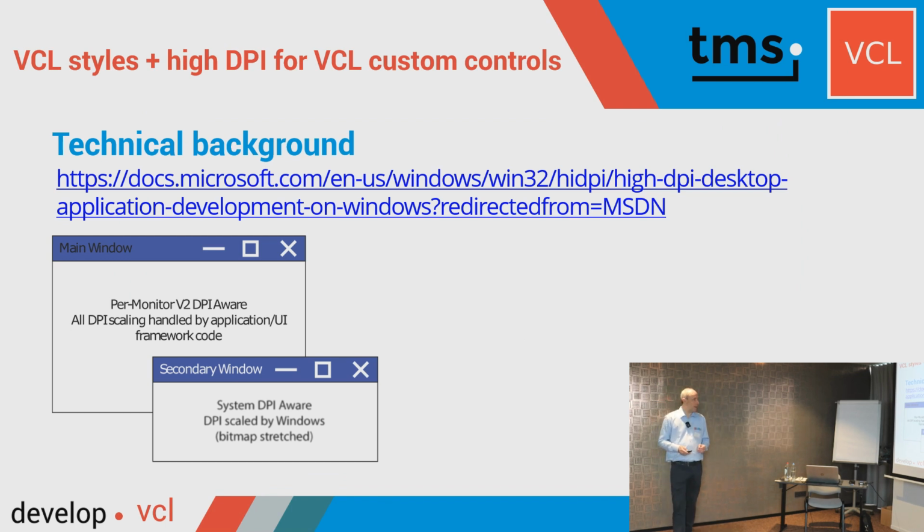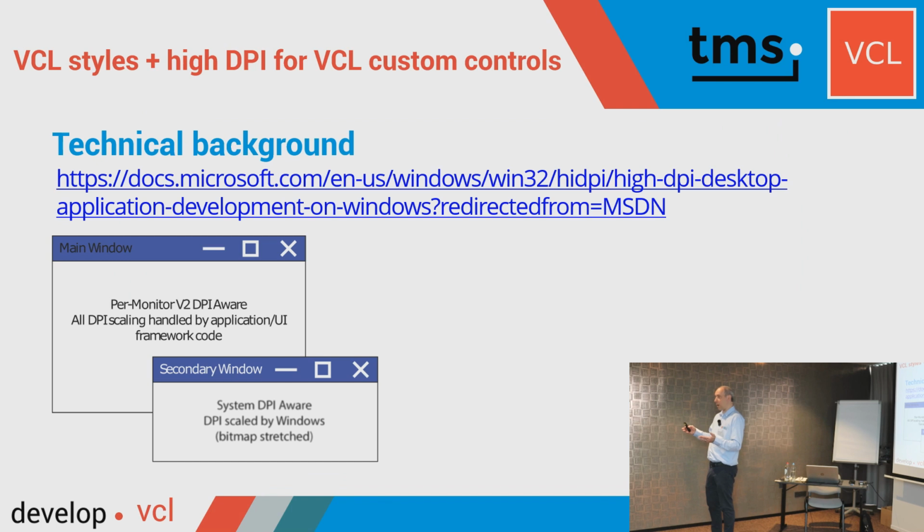All right, so what is the foundation of supporting high DPI? Of course, it's Windows. That's the operating system where the application is running on, and it's the operating system that needs to facilitate that.